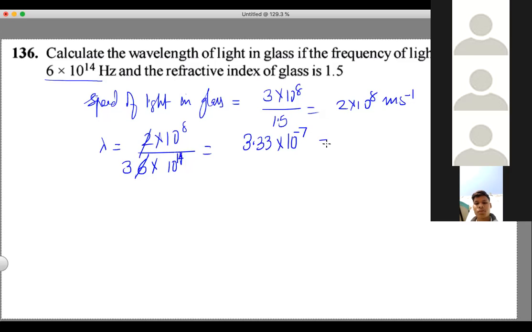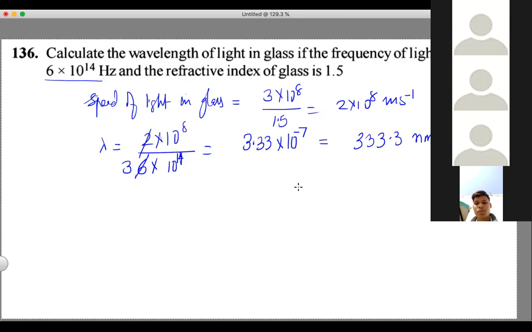Okay, and if we want, we can write it as 333.3 nanometer. Okay, this was a simple question.